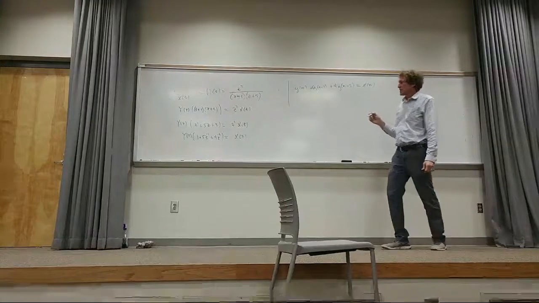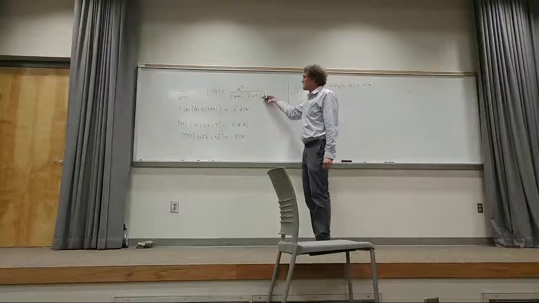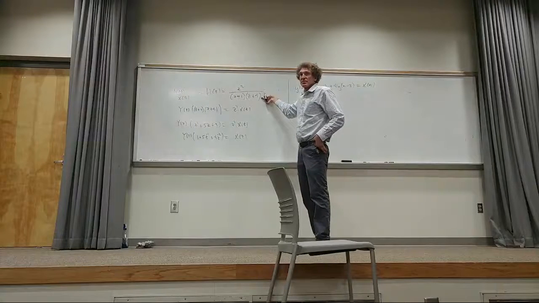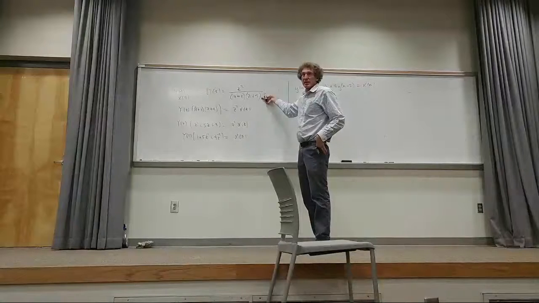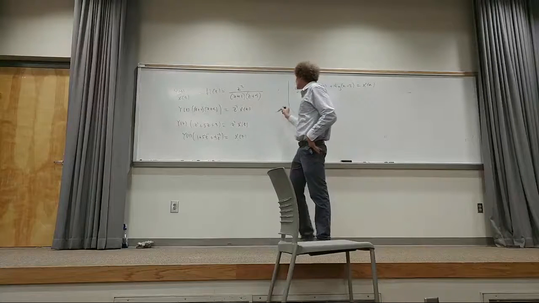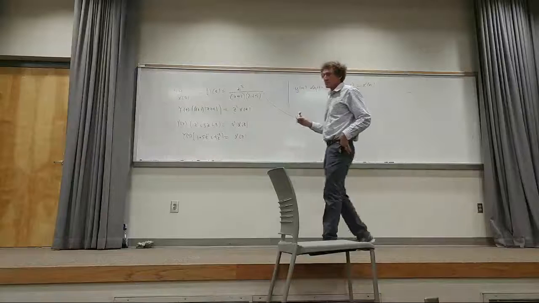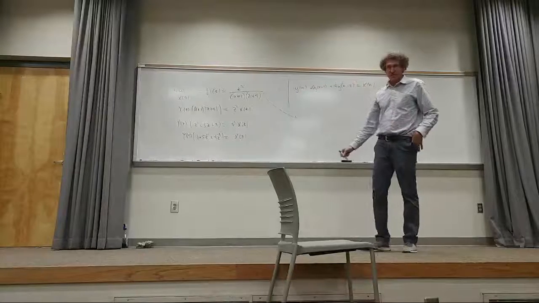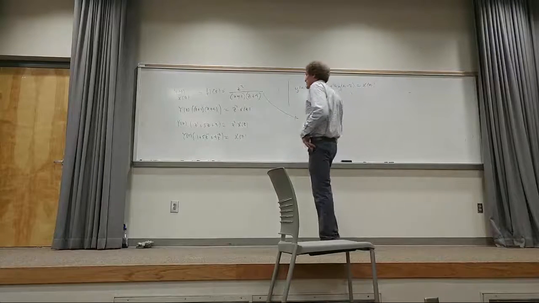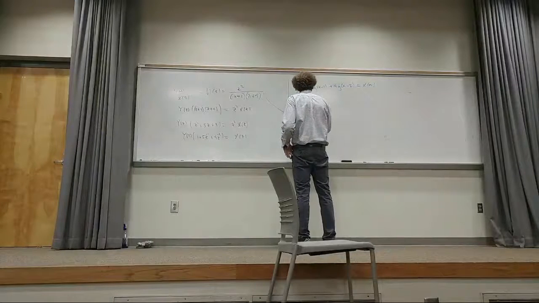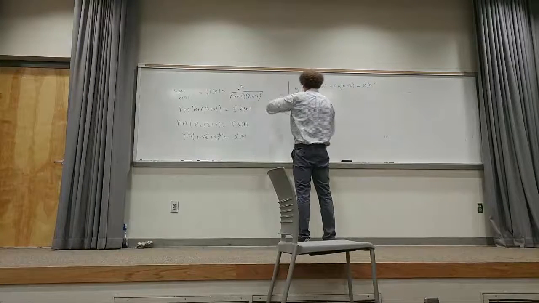Now, another thing I could ask for is what is the impulse response to this? What is h of n? How do you do that? This should cover all bases, by the way. Anyone? First divide by z, right? Partial fraction, numerator and denominator. So then I take H of z over z, right?